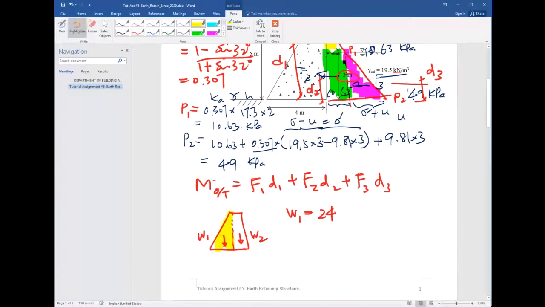The yellow triangle, right? Half of the base is 4 meters, and the height is 5 meters, right? So that gives you the weight of the W, right? And what's W2? 24 times what?